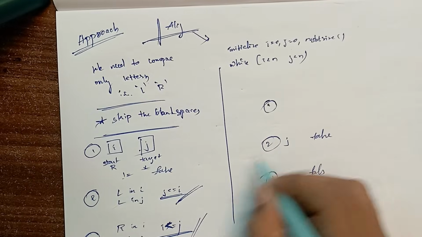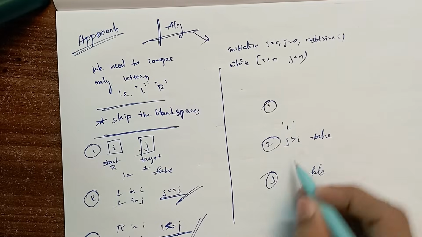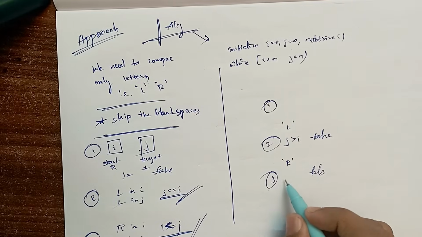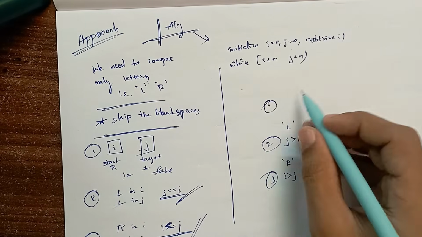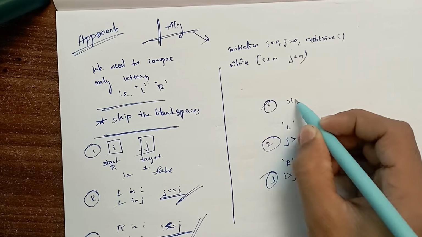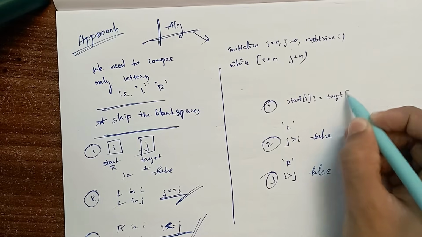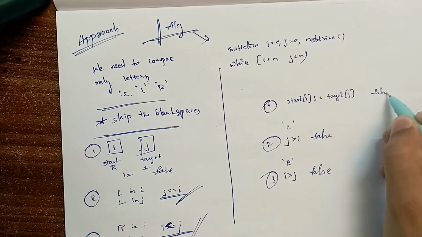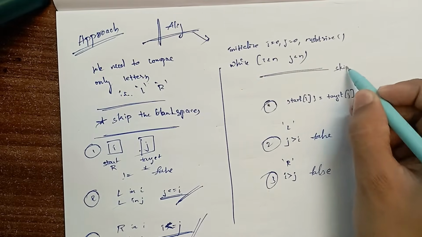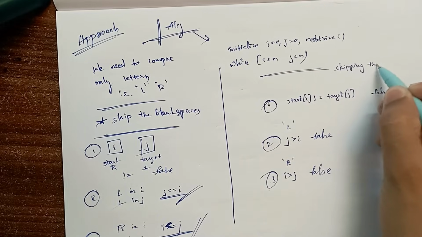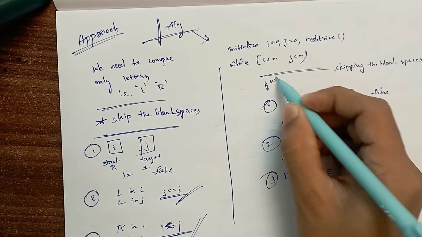If it is L and J is greater than I, or if it is R and I is greater than J, we return false. And if start of I is not equal to target of J, then we return false. And here, for skipping the blank spaces, we will run a while loop.